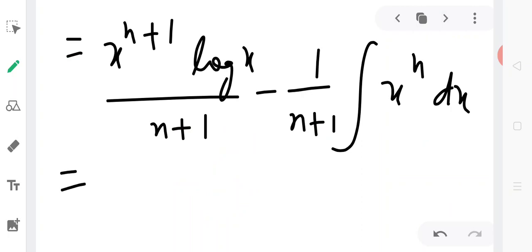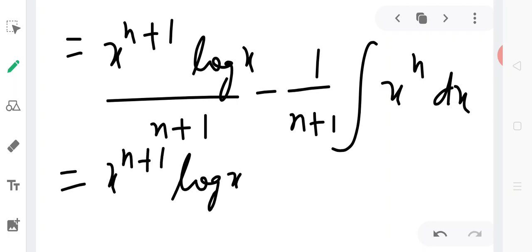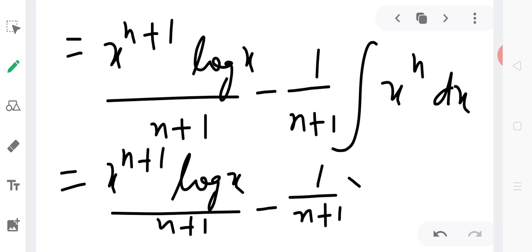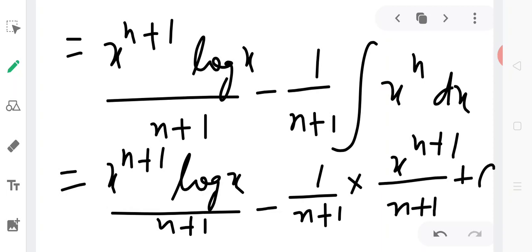So this will give you x to the power n plus 1 log of x divided by n plus 1 minus 1 by n plus 1 into x to the power n plus 1 by n plus 1 plus a constant of integration. Now we need to simplify it.